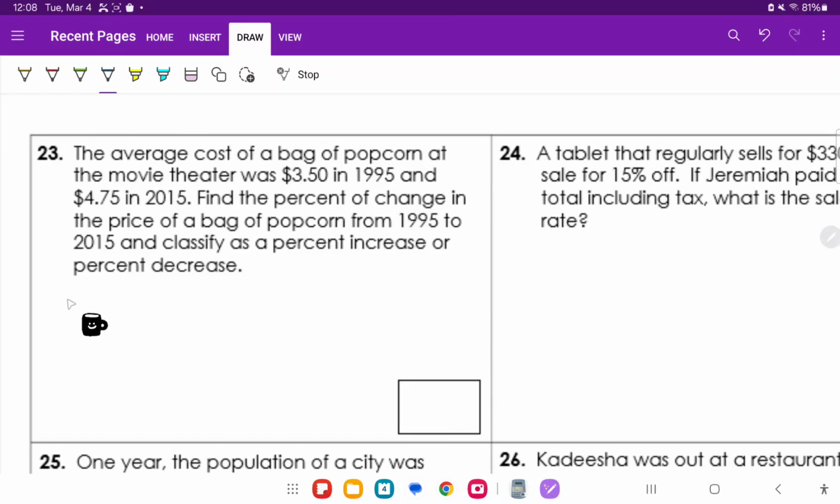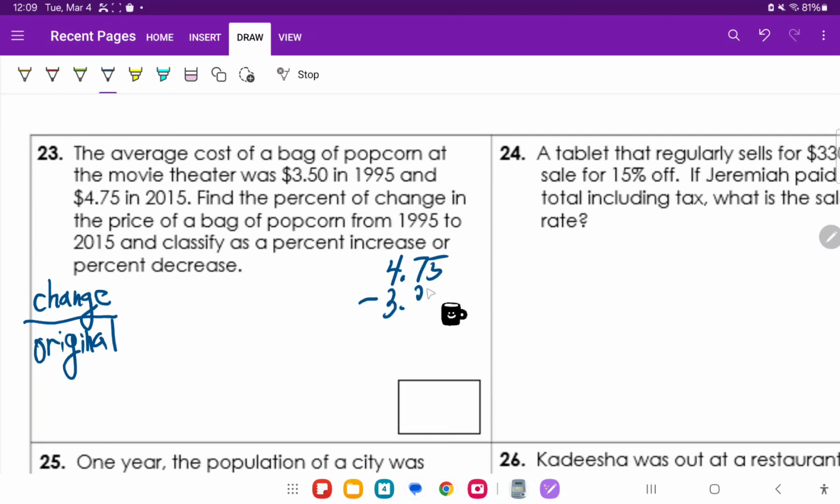All right, so to do percent of change, we want to calculate the amount of change and divide it by the original number. So to get the amount of change, we're going to take the 4.75 minus the 3.50. How much did this actually change?